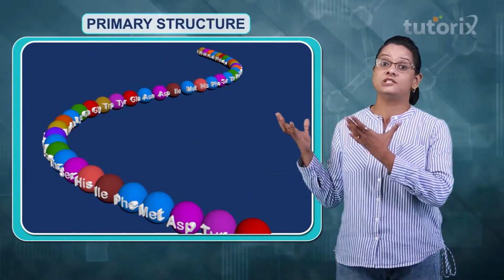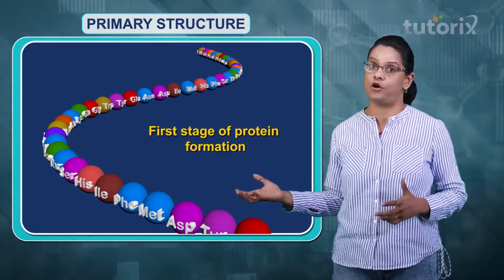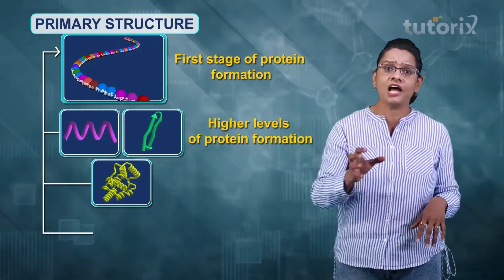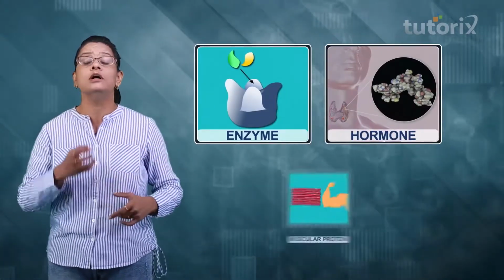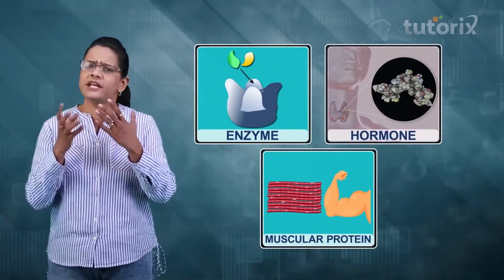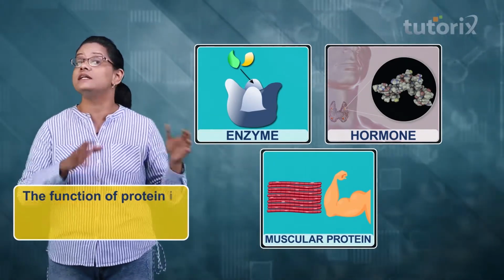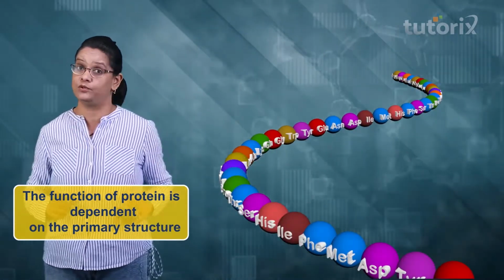This primary structure is the first stage of protein formation. So higher levels of protein structure are largely dependent on the primary structure of those proteins. So guys, any protein, may it be an enzyme, a hormone, also muscular proteins or any type of protein for that matter, the function of the protein is largely dependent on the primary structure of that protein.